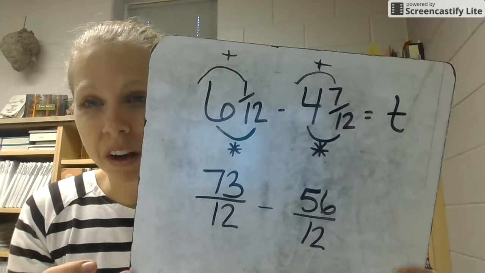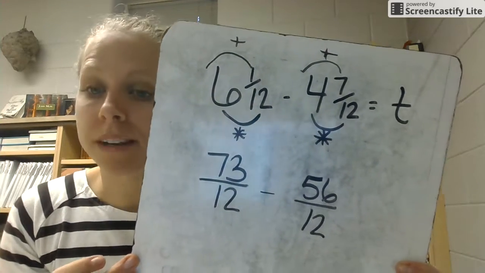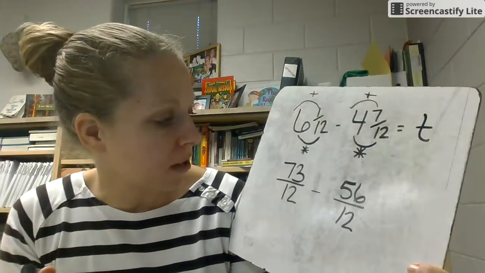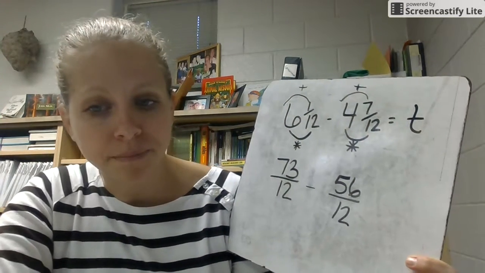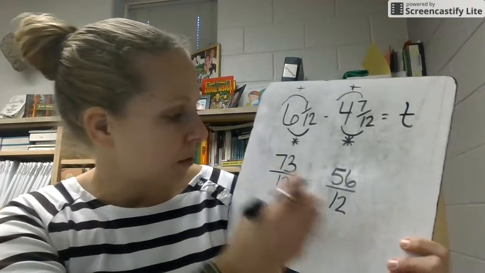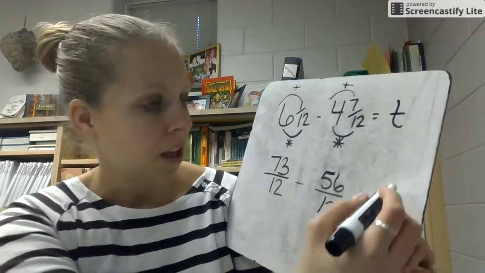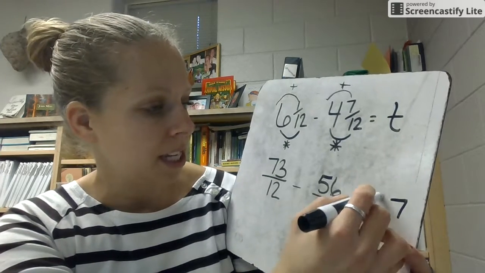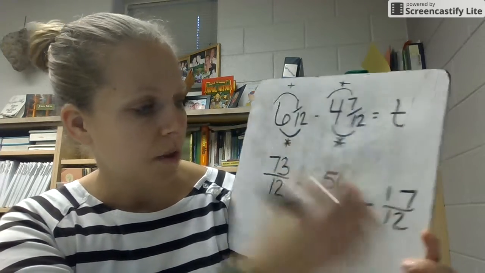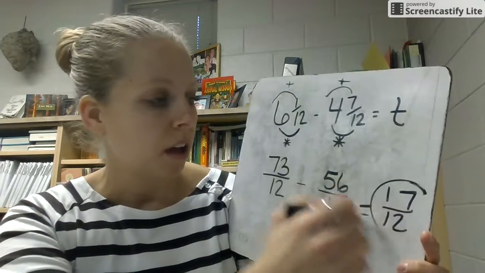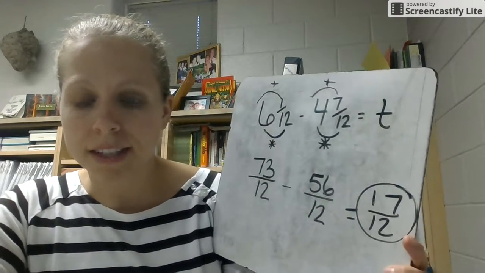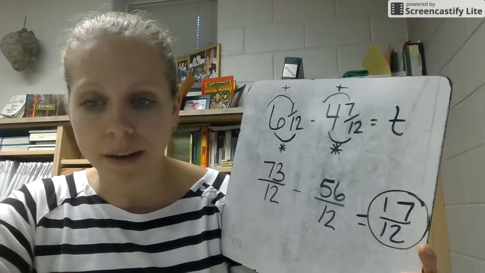I guess most of you would have done it Thursday, with subtracting fractions. So we can do 73 minus 56. Okay, so 73 minus 56 is 17/12. And so his dad is 17/12 of a foot taller than him.